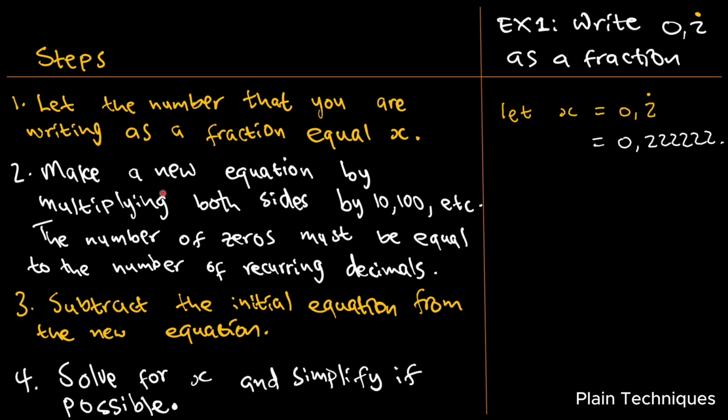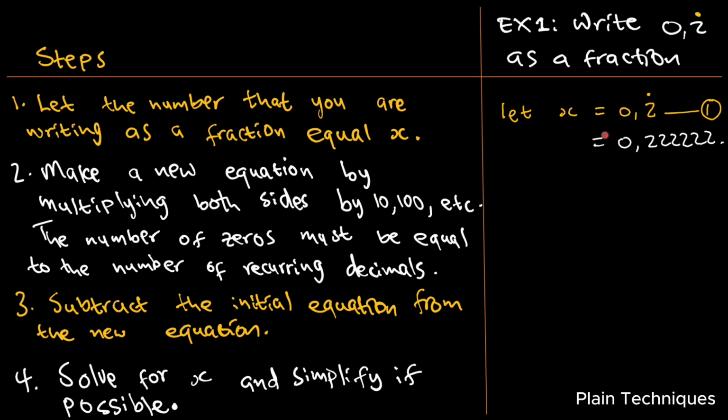Okay. Now, second step, make a new equation, right? So I can call this equation 1, all right? Now, I want to make another equation by multiplying both sides of equation number 1.